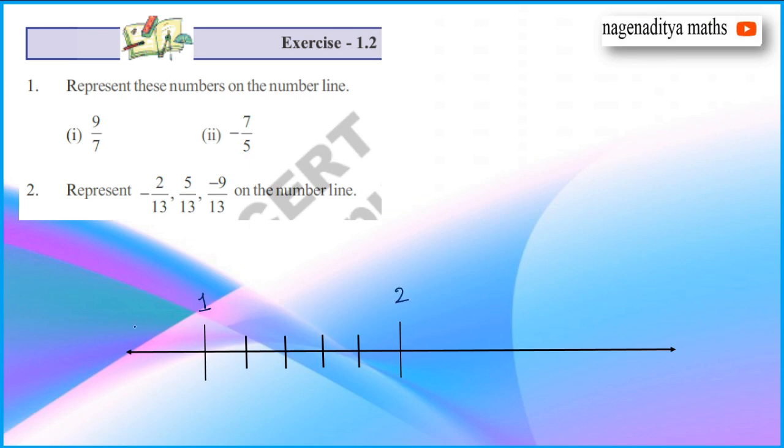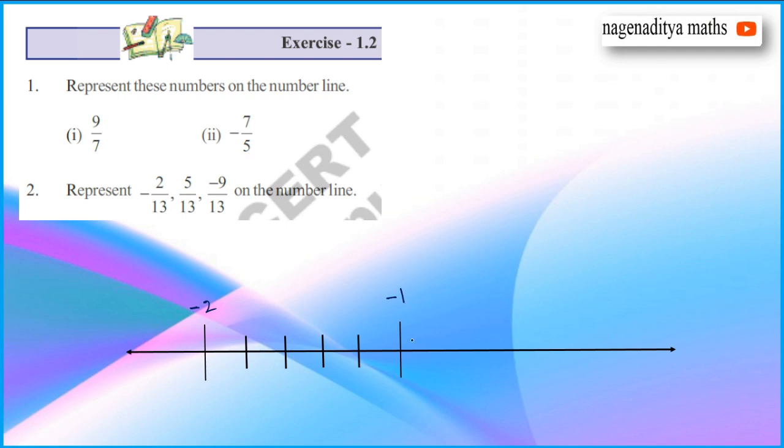Okay. And since we have a minus symbol here in -7/5, we have to write -1 here and -2 here.